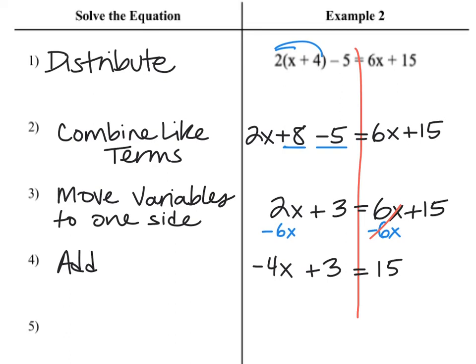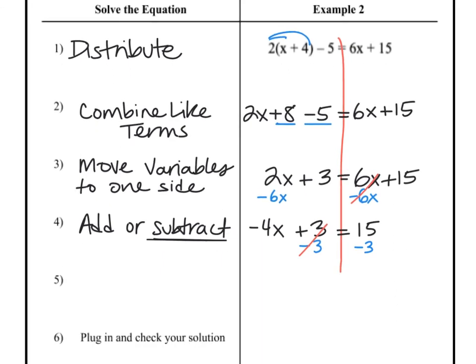Next in our little thing says to add or subtract. We are going to subtract 3 because it's being added right now. So we will subtract. Those cancel out. And we get negative 4x equals 12.